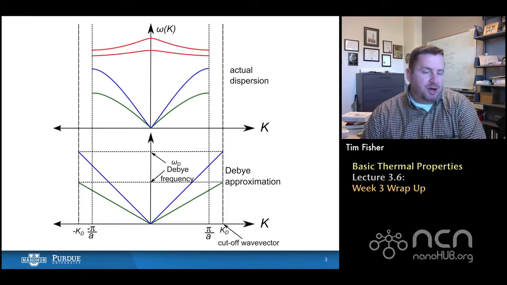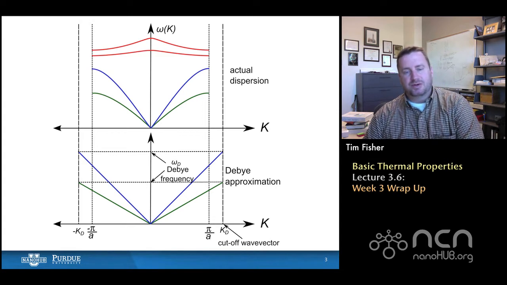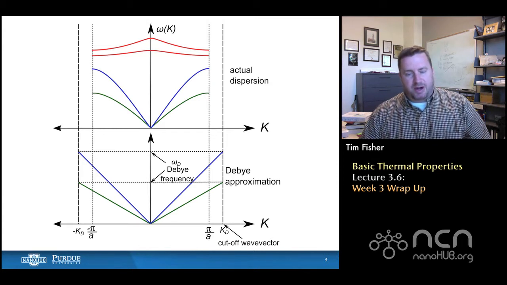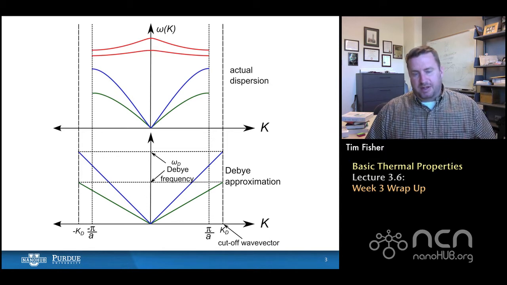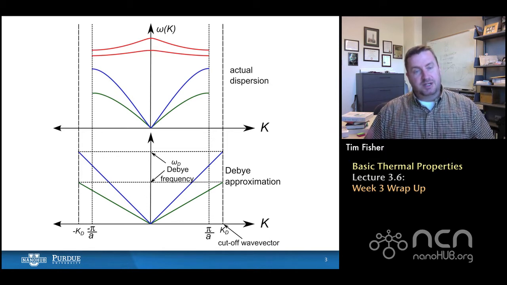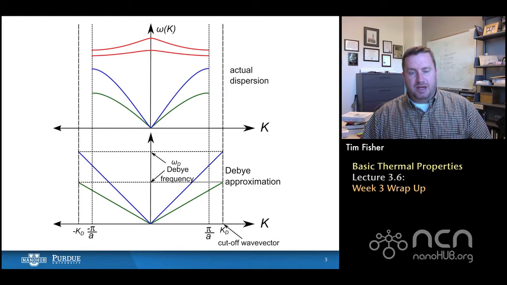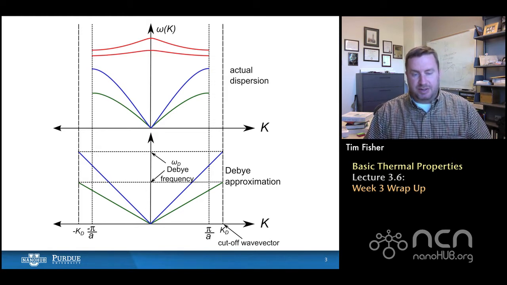The first big approximation we made in order to obtain a tractable solution for specific heat, at least for the acoustic phonons, was the Debye approximation. It is very common, especially for acoustic phonons and sometimes also for optical phonons, those at the high frequencies here. But we have to restrict it somehow. We can't just keep integrating the linear dispersion to k equals infinity, because we won't be converging.